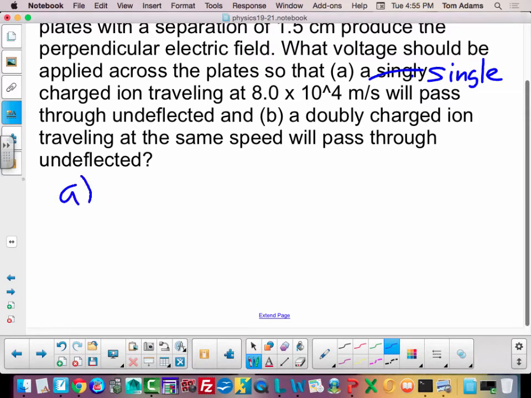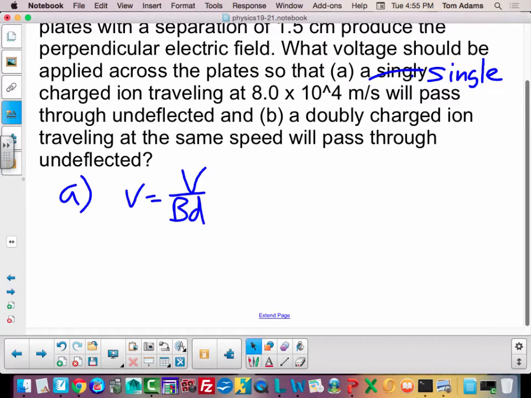For part A, remember the relationship is the velocity is equal to the voltage over the quantity of the magnitude of the magnetic field times the distance. And so if I solve that for big V, let me put it in a different color because right now they look like they're the same.